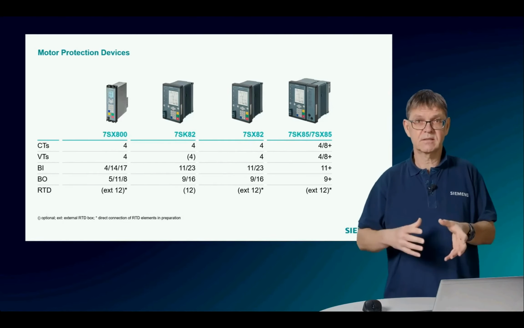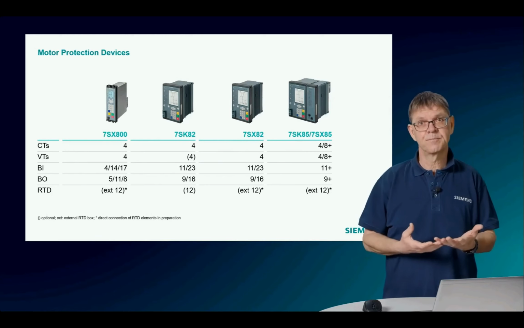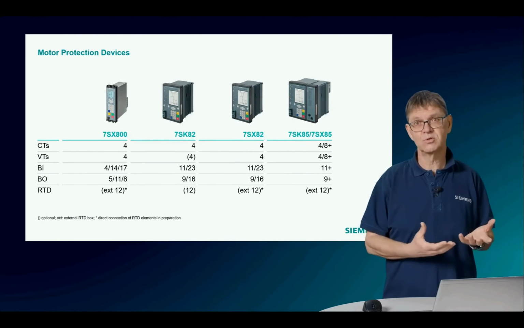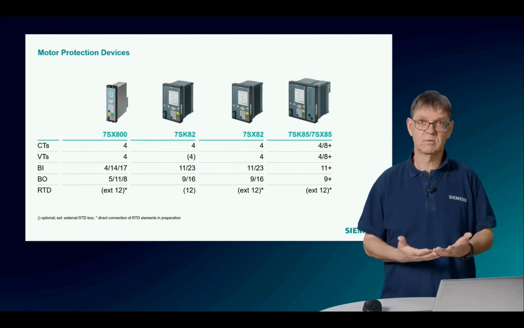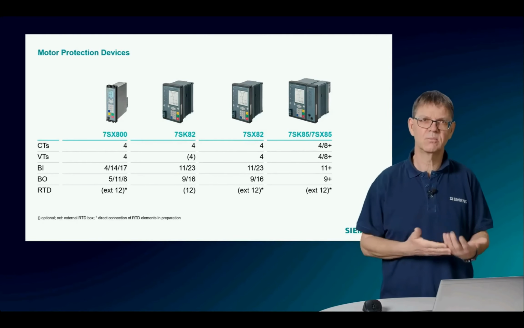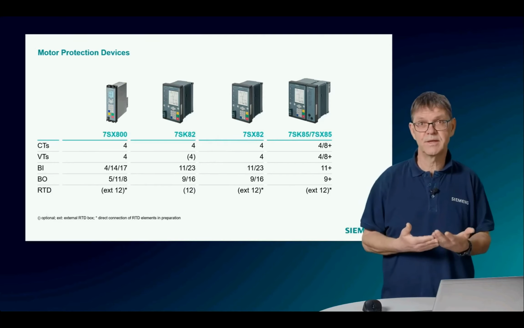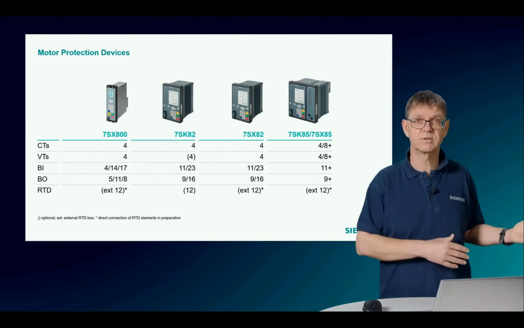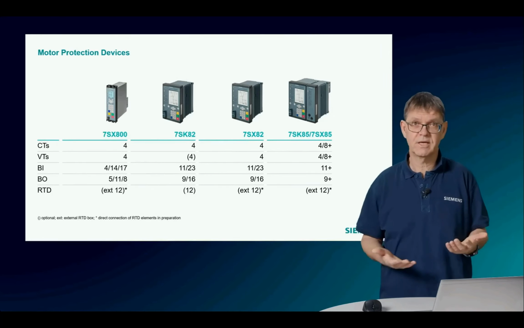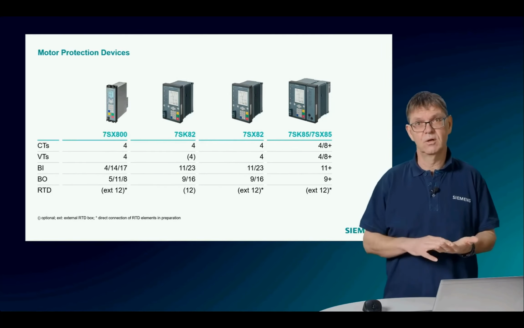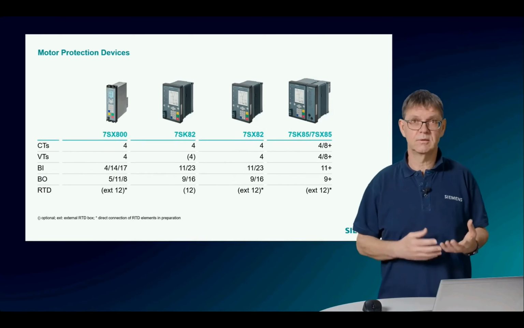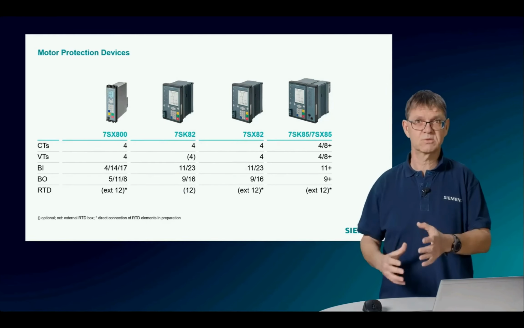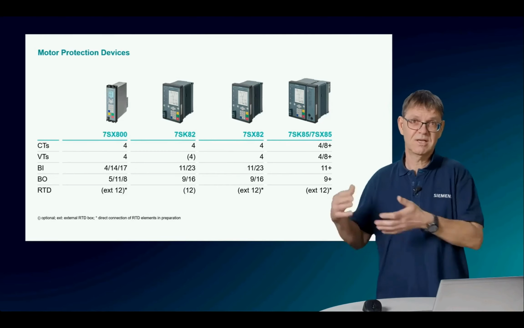The SX, the universal devices, are not bound to a certain scope of functions. You could put in there whatever you like. So any combination, almost any combination is available. That means you have one device and you can use that device for all applications in the complete plant. That means you save, for example, replacement devices on stock, because you can take just one instead of one for every device family.